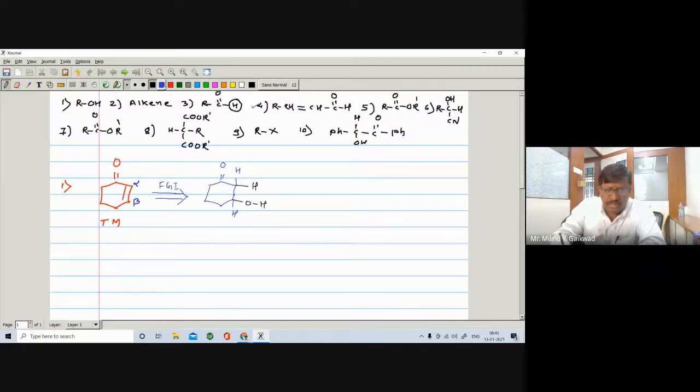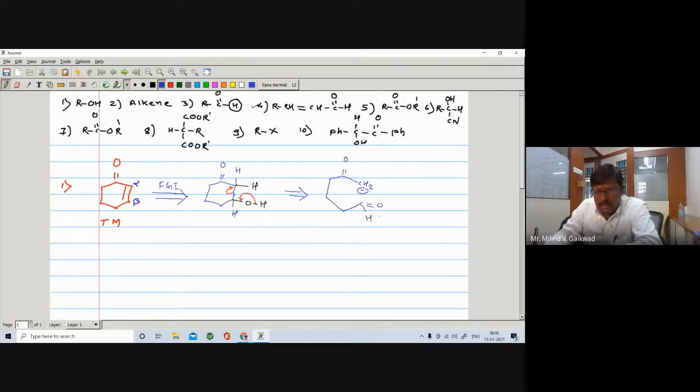Then you can carry out its disconnection. Now in disconnection, you have to break the molecule in such a way that you can get the corresponding possible fragments. So this sigma bond opens on this carbon. This carbon becomes CH2 negative and this carbon becomes positive. So this sigma bond will shift here and there is a removal of H positive. So here you are getting the corresponding fragments, C double bond O, here is a CH2 negative, and here is a C double bond O and here is a H, right?